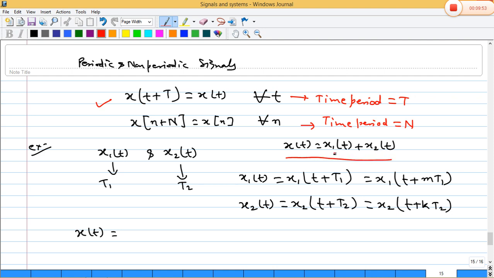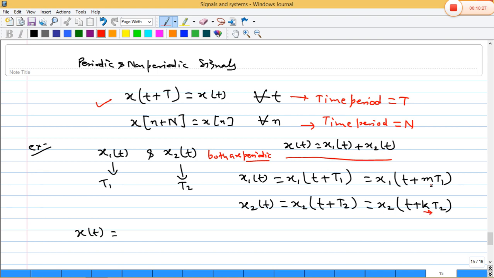Both x1(t) and x2(t) are periodic with different time periods. So x1(t) will be x1 of t plus T1, which equals x1 of t plus m T1, where m is any integer, and x2(t) will be similar to that, and here k is a different integer.